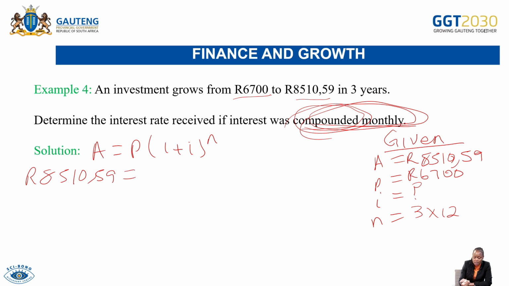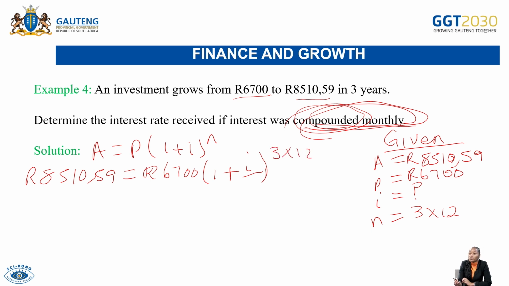And then your P, it is given as your 6,700. You open your bracket, you substitute your 1, you have plus, then your interest, the one that we are looking for, it is going to be your i, you close the brackets, then the exponent is going to be 3 times the 12.